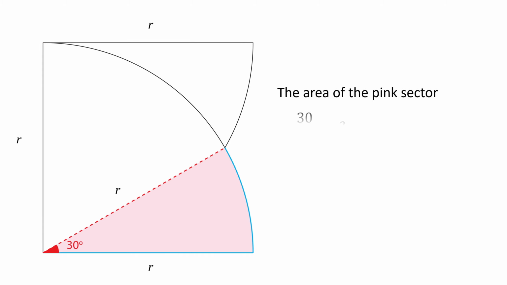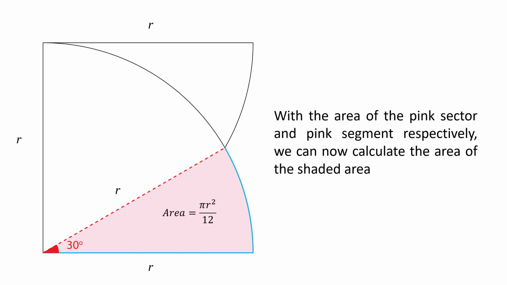The area of the pink sector would be equal to 30 over 360 multiplied by pi r squared. With the area of the pink sector and pink segment respectively, we can now calculate the area of the shaded area.